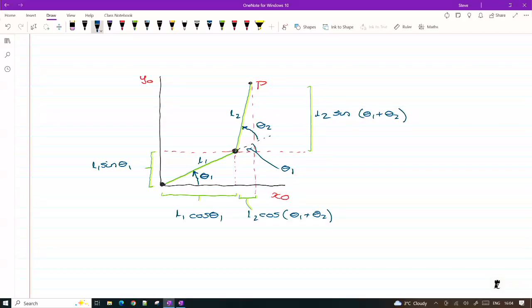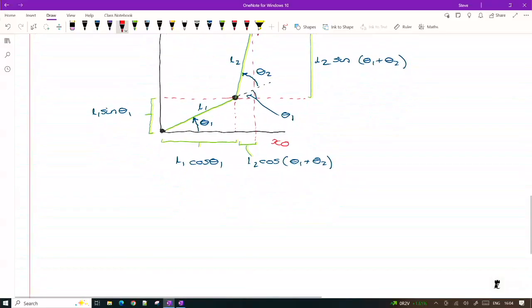So now we have enough information to calculate the position of our point P with respect to our fixed base coordinate system. Okay.